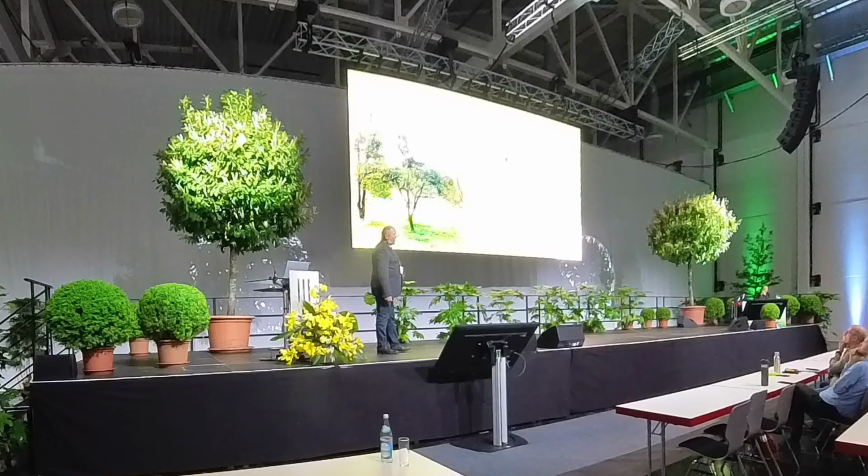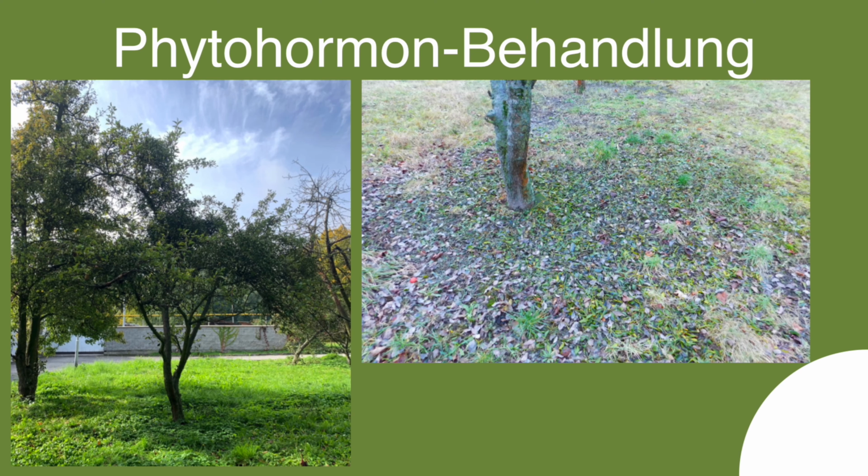It works very well with small trees where you don't need the platform to approach the crown. Trees up to, let's say, 6-10 meters can be sorted out very, very nicely.